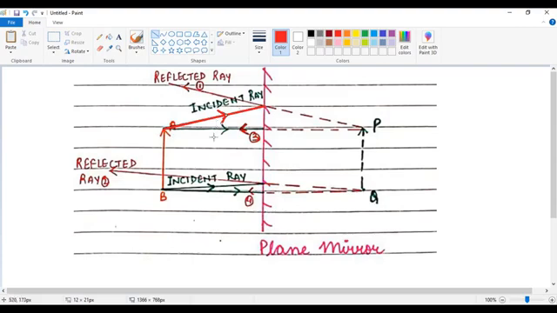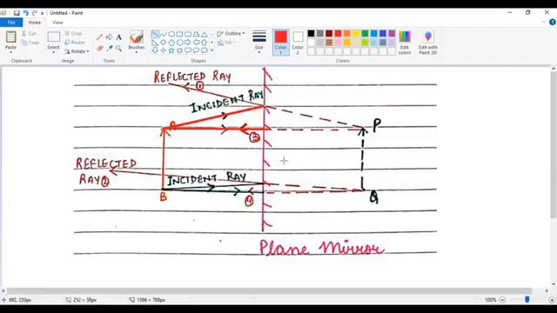This ray going towards the plane mirror is known as incident ray. So, we have drawn two incident rays from point A towards the plane mirror. One ray is shown horizontal, while the other ray is shown above the horizontal ray.